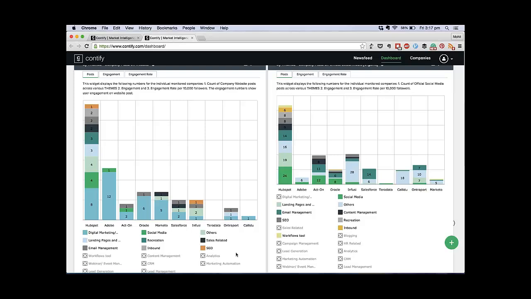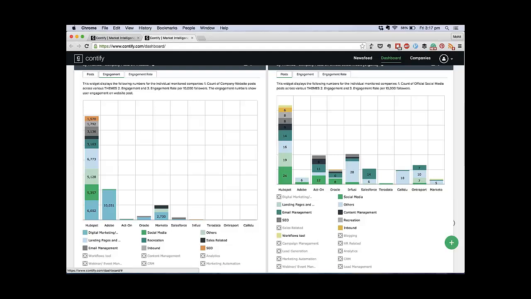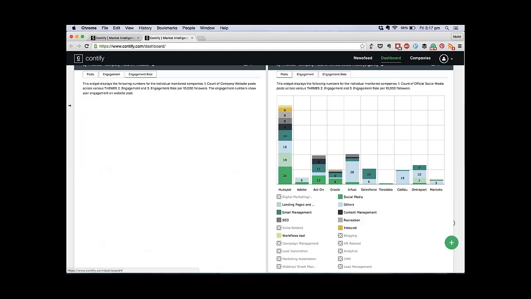And here I can see which competitor is publishing under which theme. But more important is on which themes these competitors are getting more engagement, and even better, as I said, the highest engagement rate. Email management is a space where Oracle is getting the maximum engagement rate, and also Salesforce.